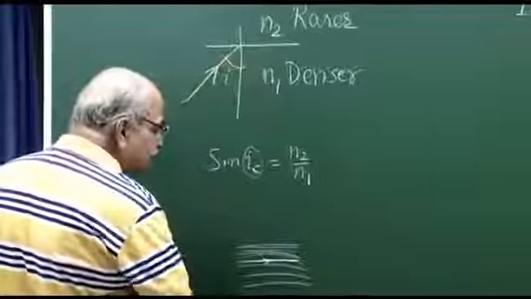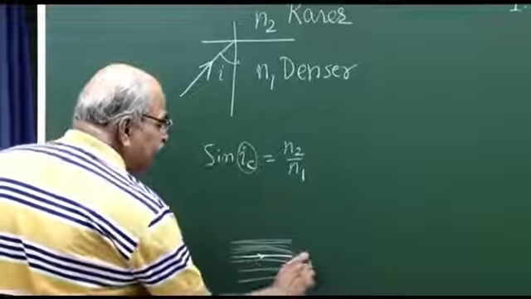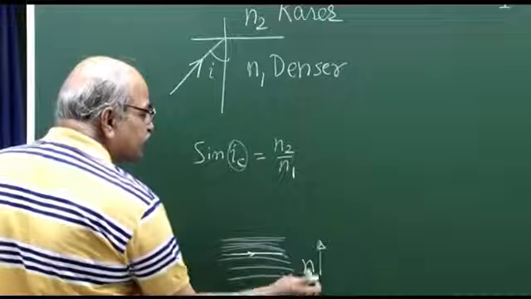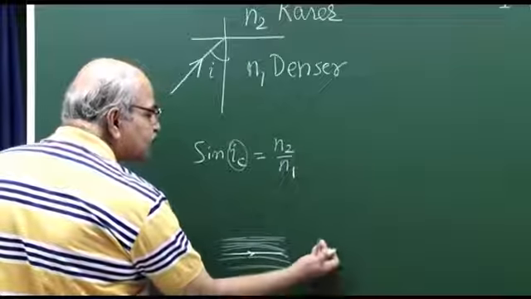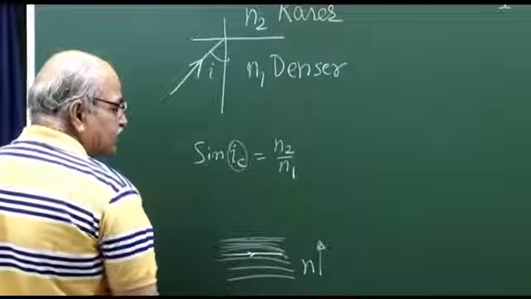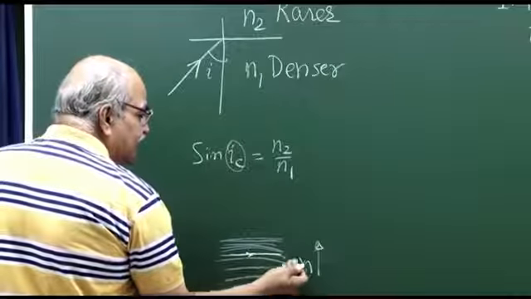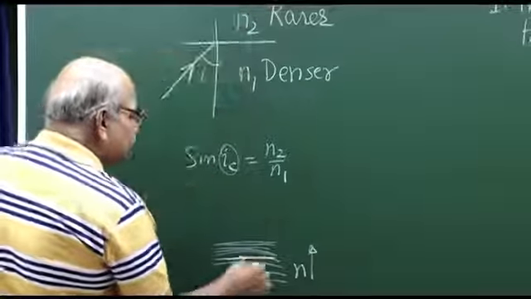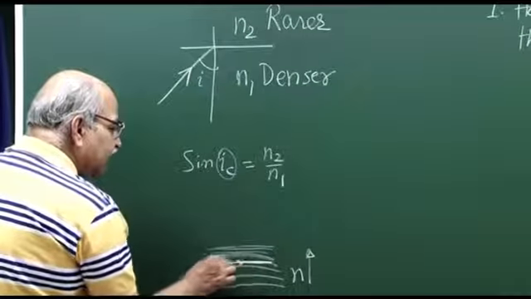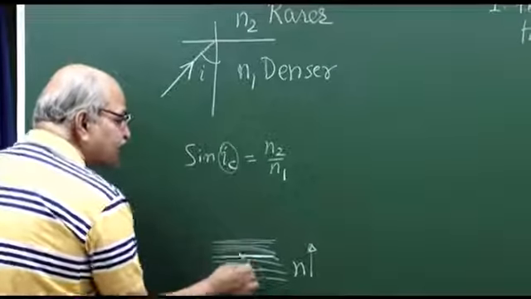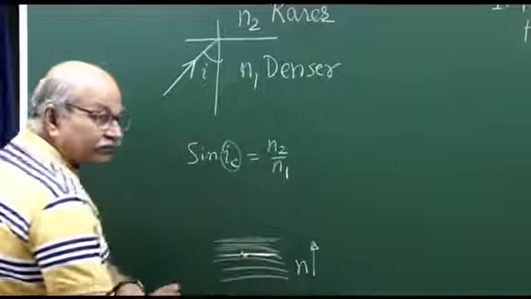There is no discontinuity. This N is increasing or decreasing smoothly with this direction X. So the refractive index does not have any discontinuity. So any layer if you take, just this side of the layer and just that side of the layer, N1 and N2 are same.